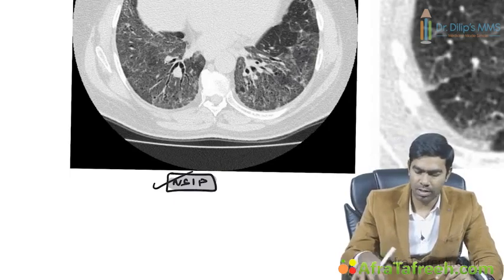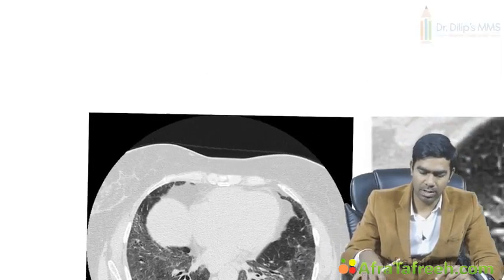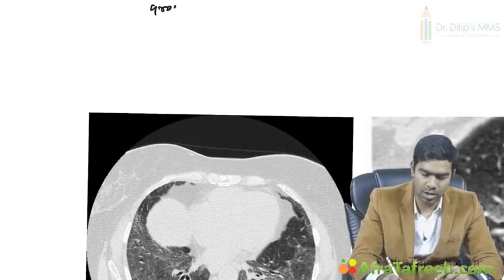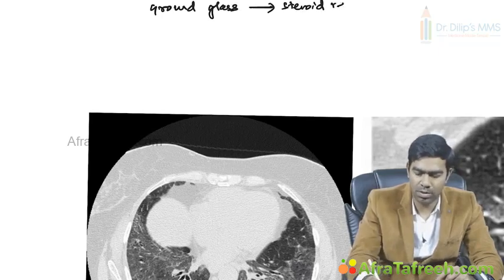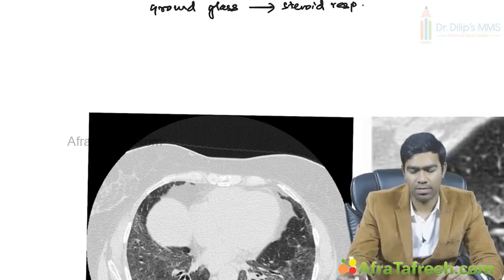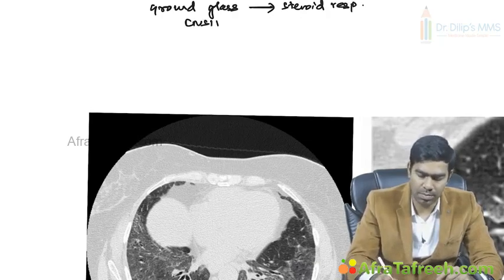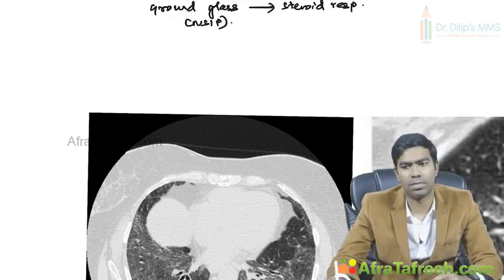Traditionally, remember, this ground glass appearance has been linked to steroid responsiveness. They told whenever there is a ground glass, it will be responsive to steroid, which means that's why they told NSIP must be steroid responsive. But it's not true in that sense.